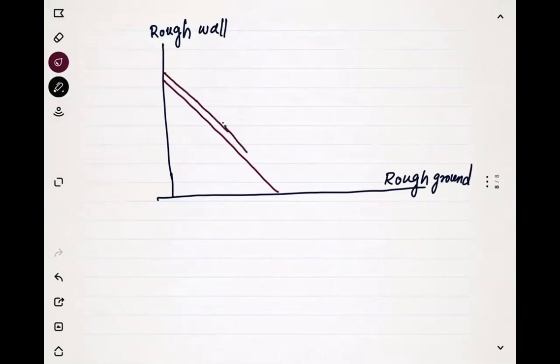So if this is the ladder, this point is point P, and this is point Q. Point Q was, the net force at Q was here.